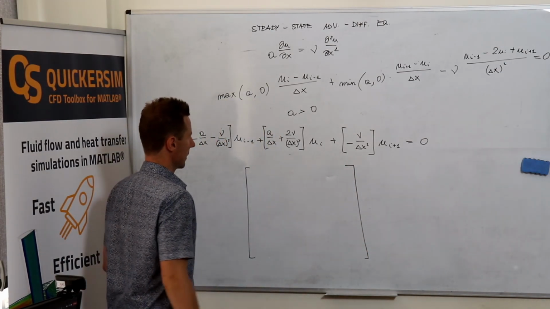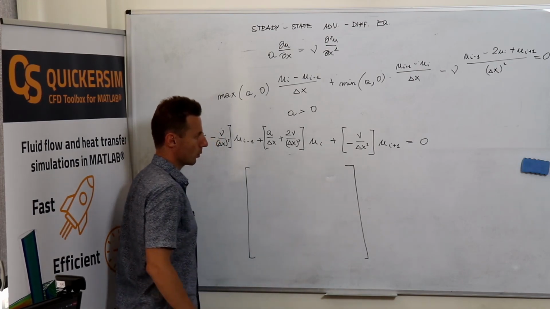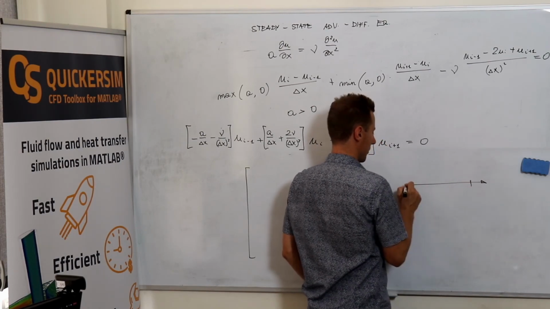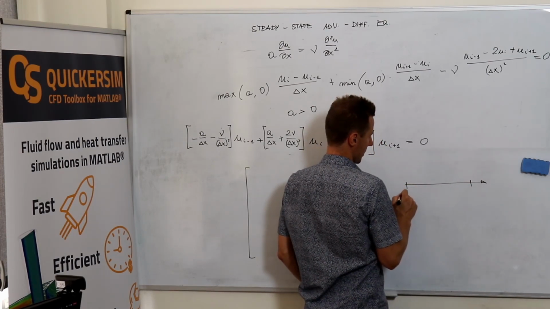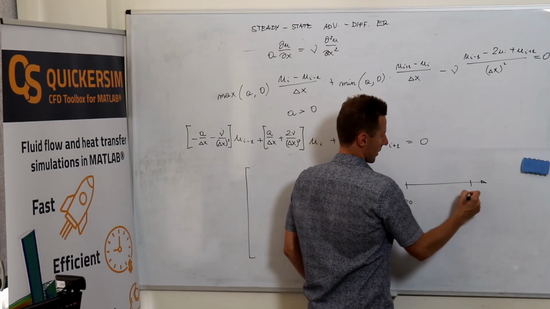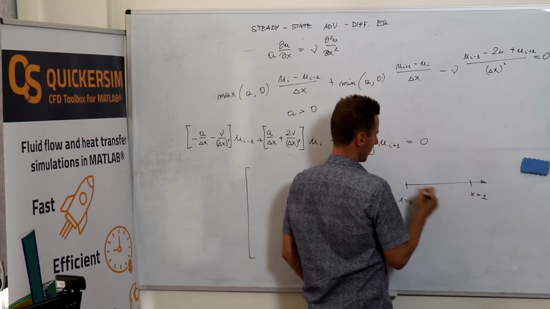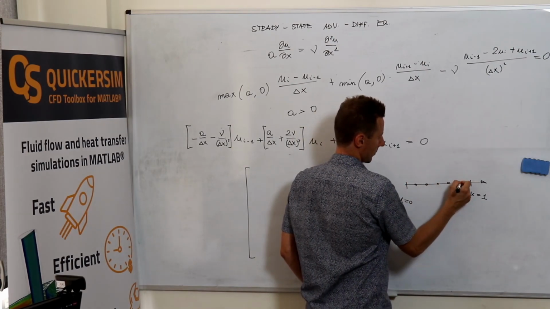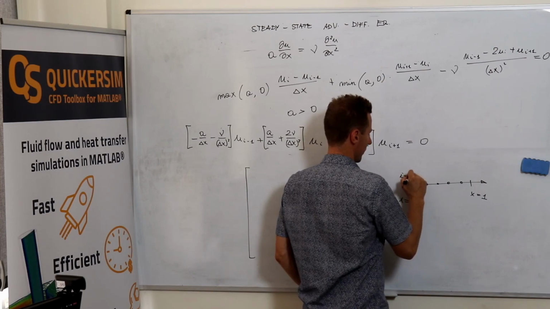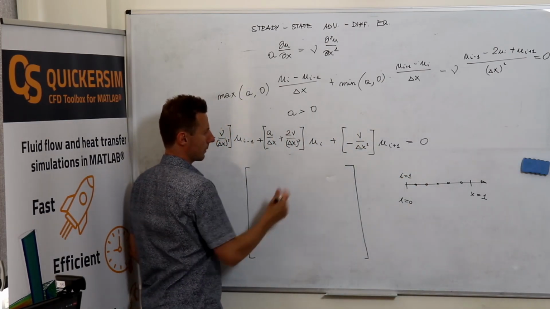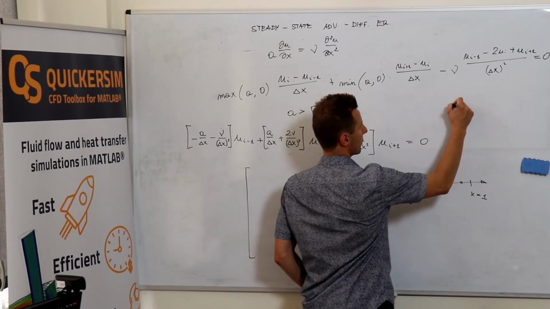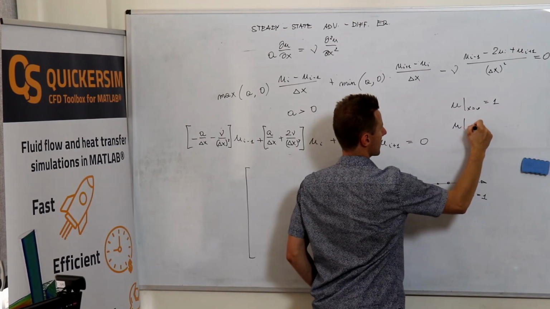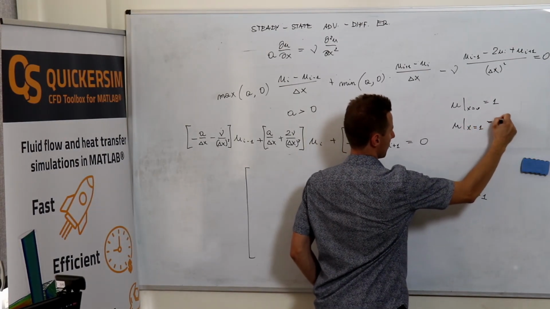Again, if we want to discretize the problem along with the boundary conditions, x equals 0, x equals, let's say, 1, then to implement the boundary condition, we said that we want to keep u at x equals 0 equal to 1, and u at x equals 1 equal to 0.